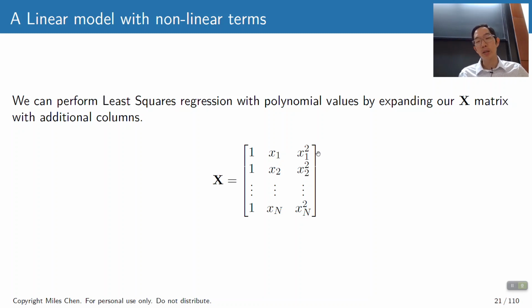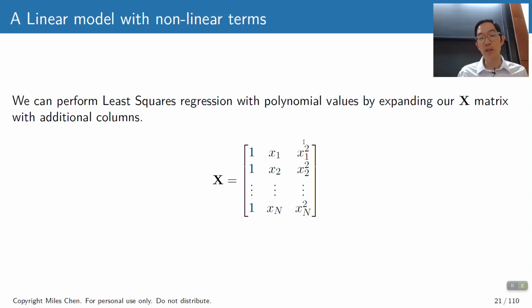Okay, and we'll still do least squares regression, and this will still be a linear model, because we're just going to multiply the first column by a constant, take the second column and multiply it by a constant, and add the third column after multiplying it by a constant. So the three columns are still being combined by multiplying by constants and adding them together.